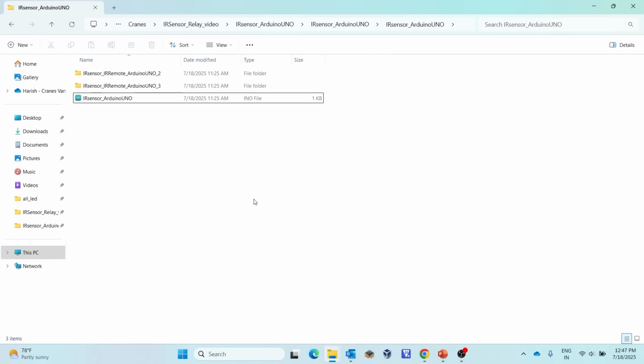Or when the motion sensor, the object sensor, detects any presence inside the room, then the bulb should glow. This was our case number one. Let us directly go into the Arduino UNO source code that I have developed.